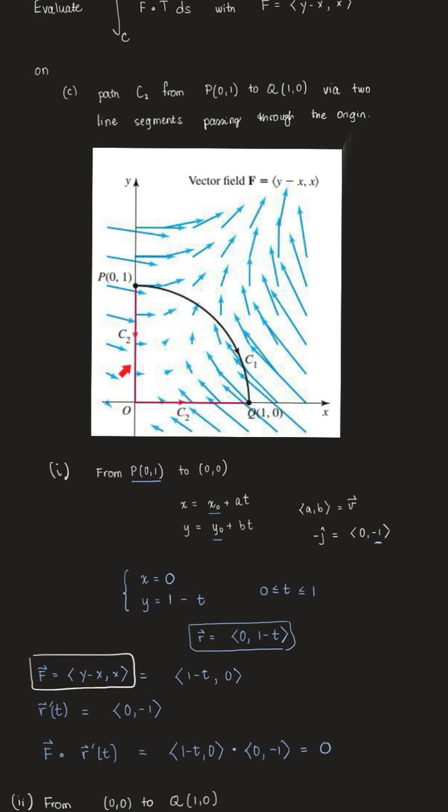So we call this vector field path independent. In the next section, we'll talk about what kinds of vector fields are path independent. In other words, if we start at one point and end at the other, it's not going to matter the path that we take. We're going to do the same amount of work. There are only special kinds of vector fields that are path independent. This happens to be one of them.